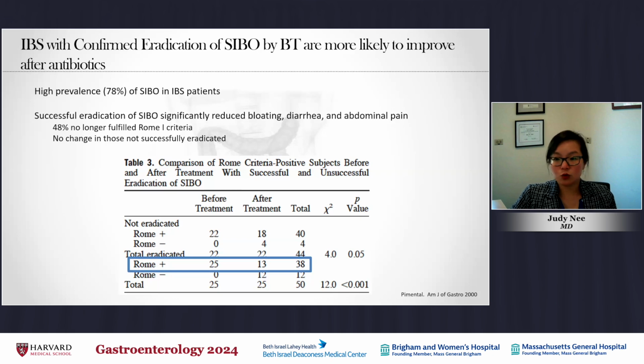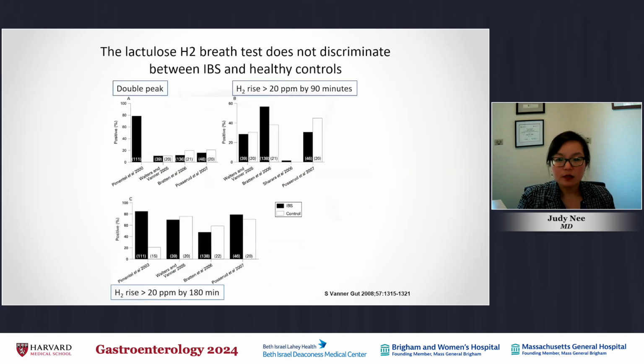In those patients who did not successfully eradicate, there was no change in their symptoms. Subsequent studies in 2005, 6, and 7 have also reported a somewhat increased prevalence of SIBO in those patients with IBS.